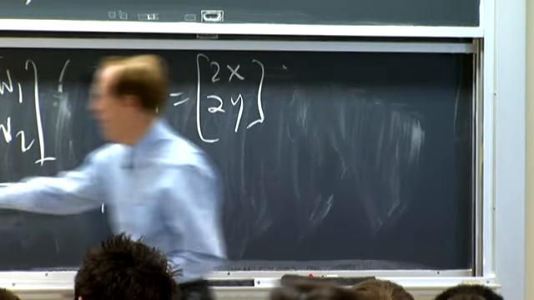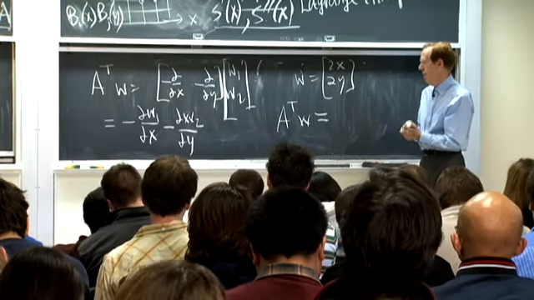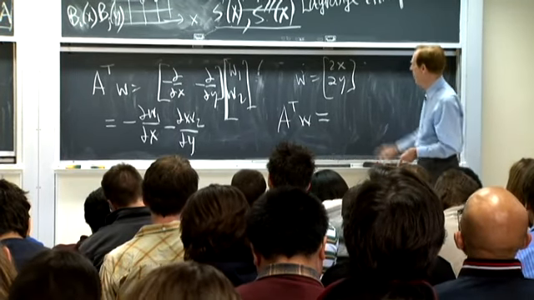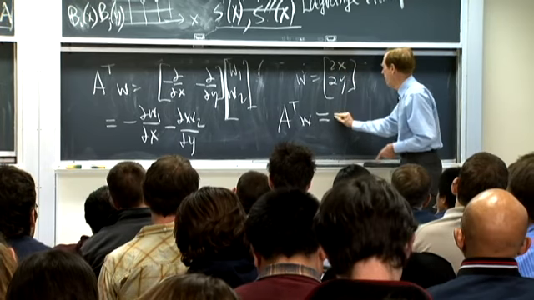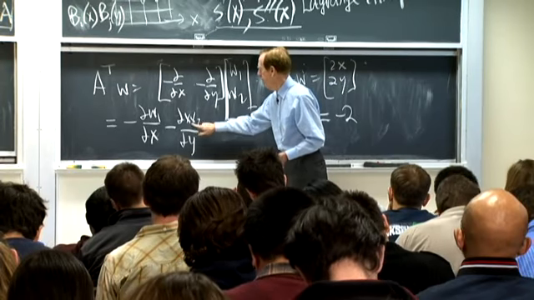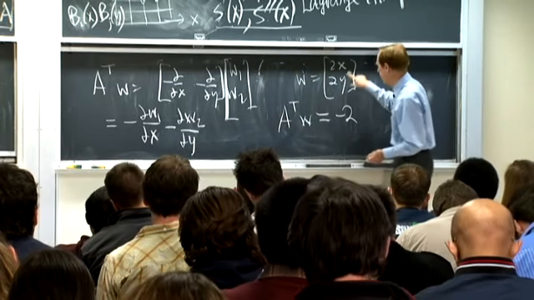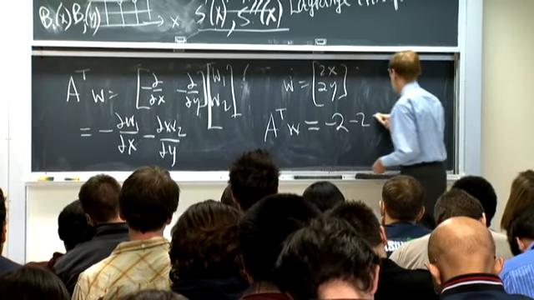Specifically, what am I getting out of it? That's minus the x derivative of the first guy, and the x derivative of that guy is 2, so I'm getting a minus 2. And this is minus the y derivative of the second guy, so that's another minus 2. So I'm getting a number.